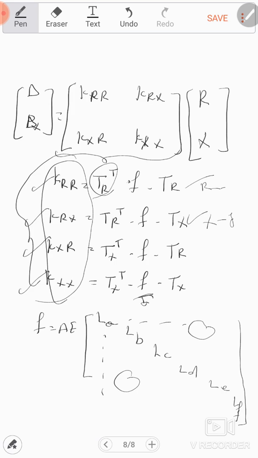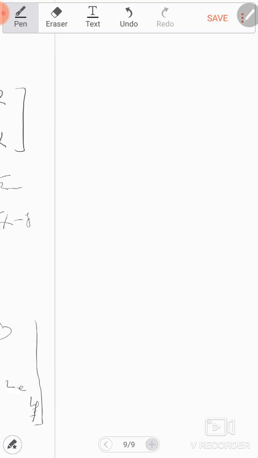Some references call Krr F node or F dash RR. It's okay, no problem. It's the same rule and same steps, Tr inverse F Tr.